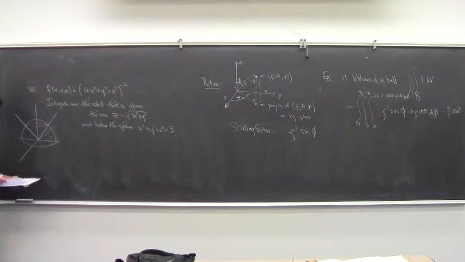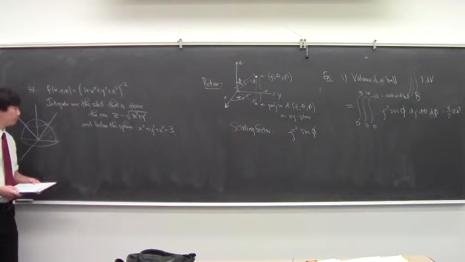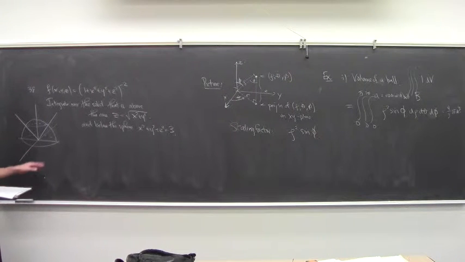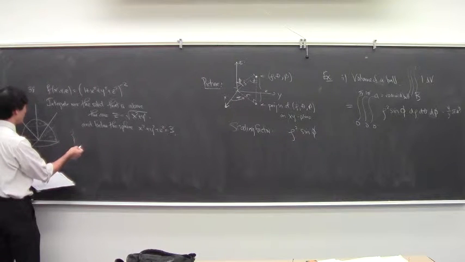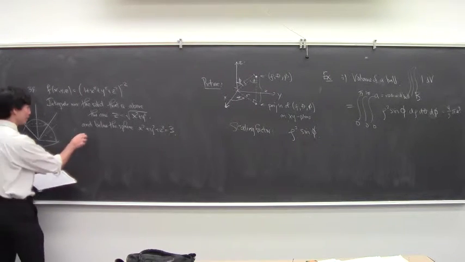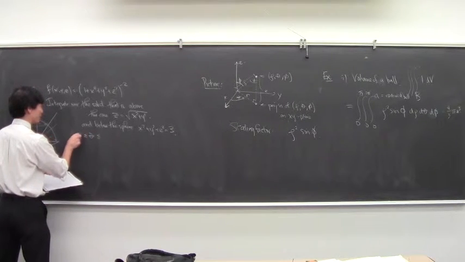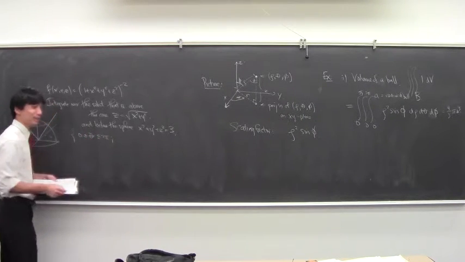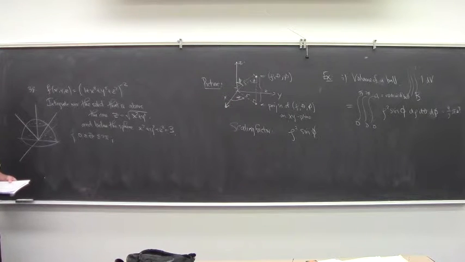Okay, so let's write it down. Who would like to say what we're integrating over? First, we need to describe the object, right? So what can you say about it? Theta goes from 0 to 2 pi. Somebody else want to say something about it?